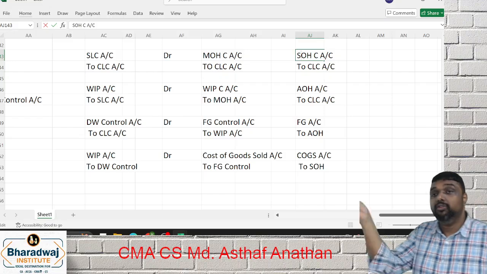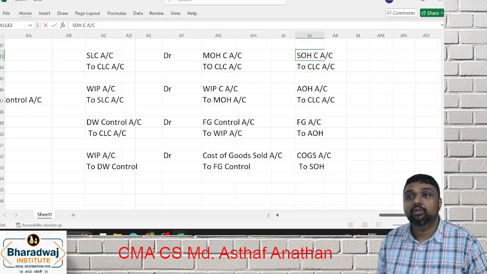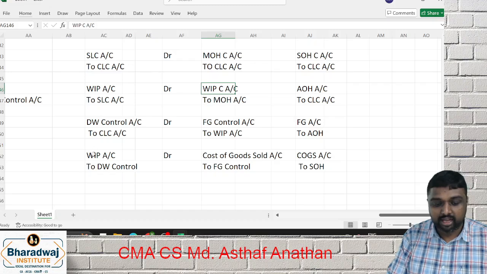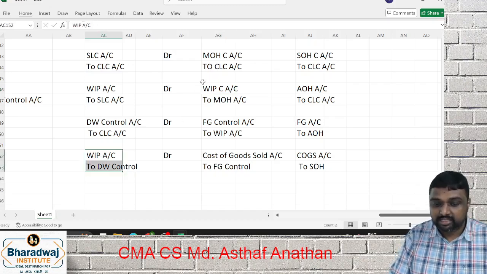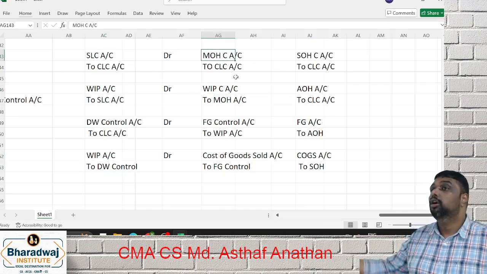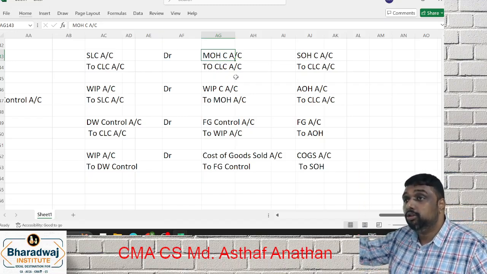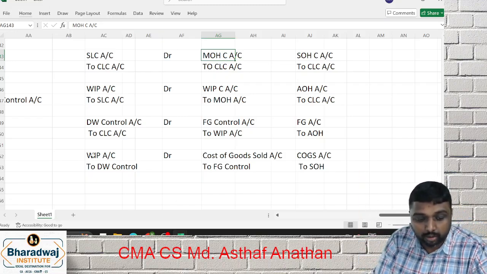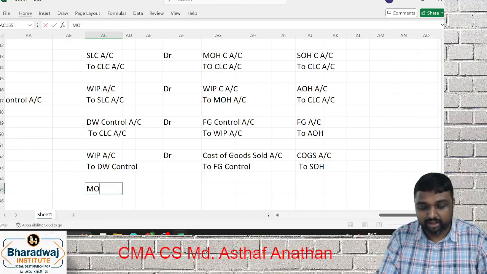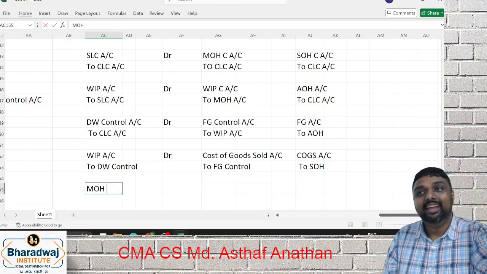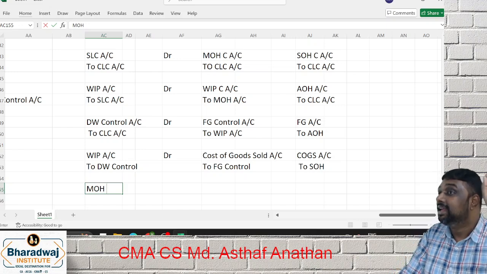Now, if you want to take an additional point, I have told you direct wage only will go to WIP. If it is an indirect wage, the same thing, it will not go to WIP. Instead of WIP, it will go to manufacturing overhead, because we know overhead means indirect material, indirect labor, and indirect expense also.